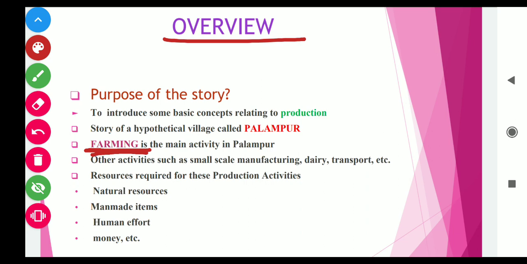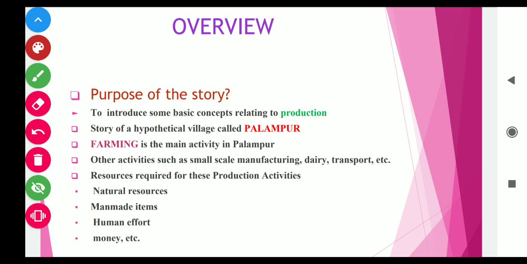Some other activities are performed by the people in village Palampur but are in small scale, like small scale manufacturing, dairy, transport, etc. These activities are carried out on a very small scale, means only few people are involved in these activities.